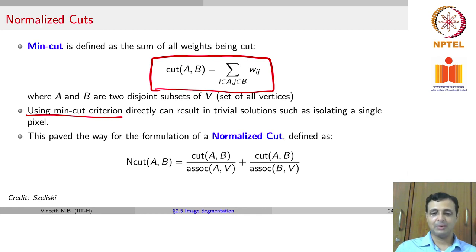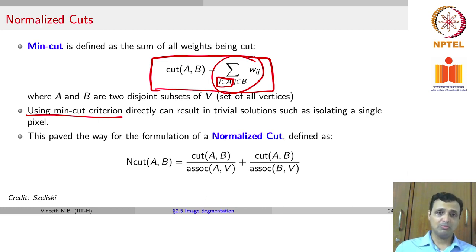The answer is very simple. When A consists of, say, only one pixel and B consists of another region of pixels, this summation may be restricted to a smaller set and hence may have a smaller value when you sum all of them up, which means min cut could favor regions where there's only one pixel on one side, which may simply be an outlier and may not really form a good segmentation for the image.